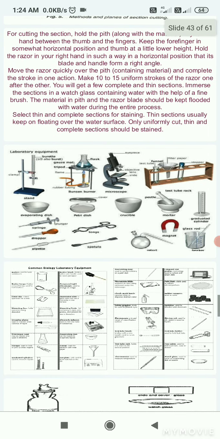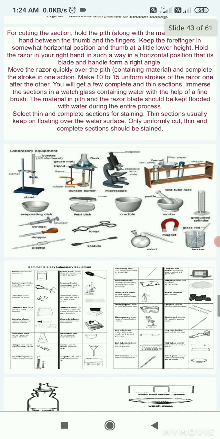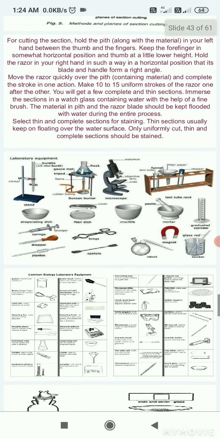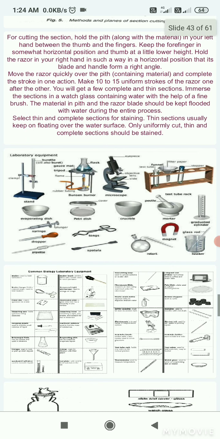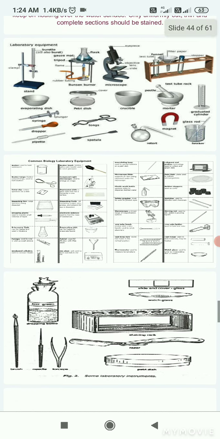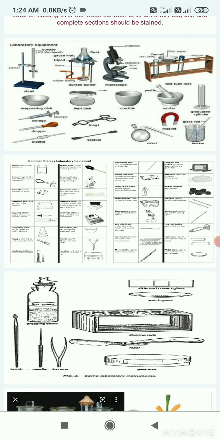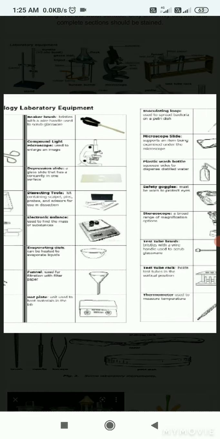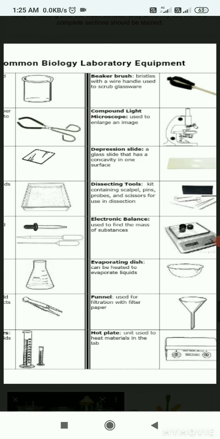Here are some usual laboratory apparatus which are used at the time of various different types of experiments. These are some equipments which are used in the laboratory. One by one you can read them carefully.